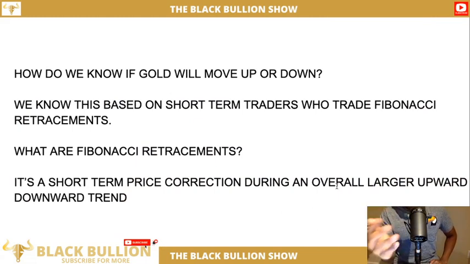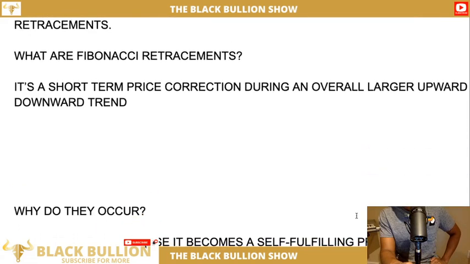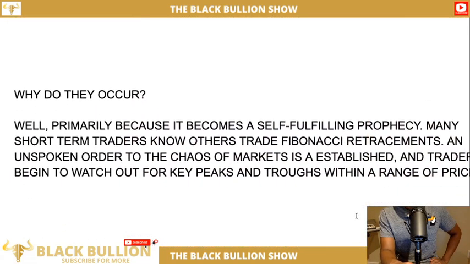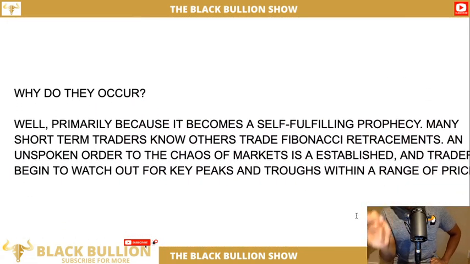We know this based on short-term traders who trade Fibonacci retracements. What are Fibonacci retracements? It's a short-term price correction during an overall larger trend upward or downward. Why do they occur? Primarily because it becomes a self-fulfilling prophecy.